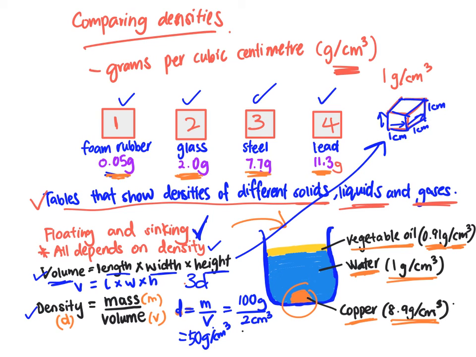By that calculation alone, you can tell that this object has very high density. Water only has 1 gram per cubic centimeter, and this thing has 50, so it's definitely going to sink. It is even higher than copper, which is 8.9 gram per cubic centimeter, so it will sink below copper if both of them are in the same location.